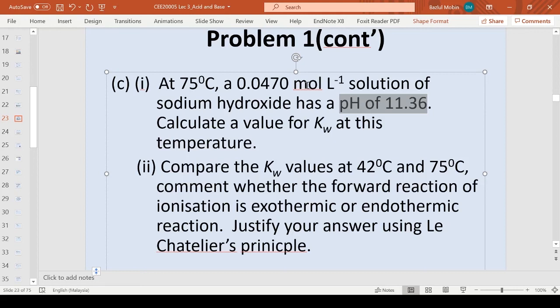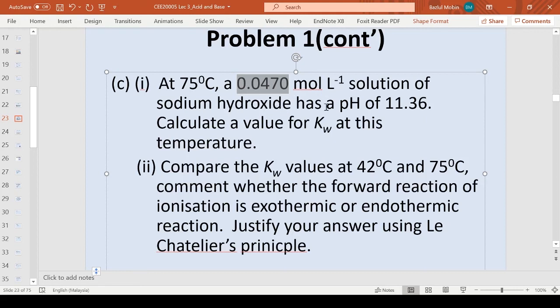So sodium hydroxide will dissociate or ionize fully, and then it will produce 0.0470 mole per liter of sodium ion, and also hydroxide ion, OH negative ion.